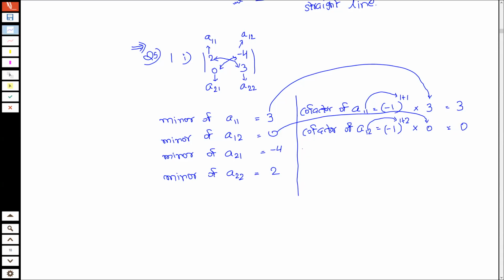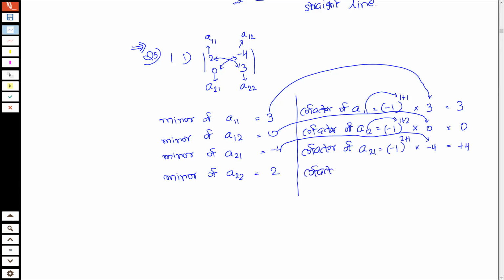Then here I will write cofactor of A21. So I will write -1 का power 2 plus 1. So Ansh, will the sign change or not of this -4? Yes, so it will become +4.